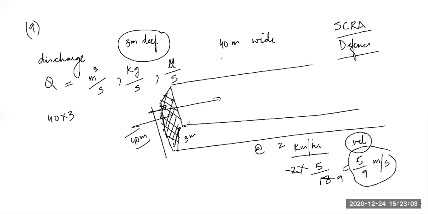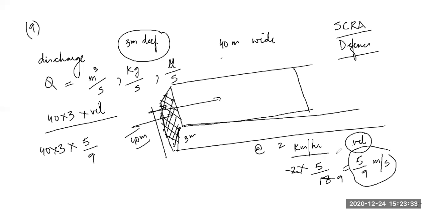If I multiply this cross section by the velocity, I will get the discharge, in 1 second. If it is given in kilometer per hour, you can also calculate in meter cube per hour. So this is velocity. So 40 into 3 into the velocity, 5 by 9. Have we calculated correctly?